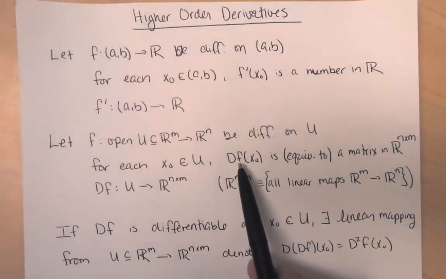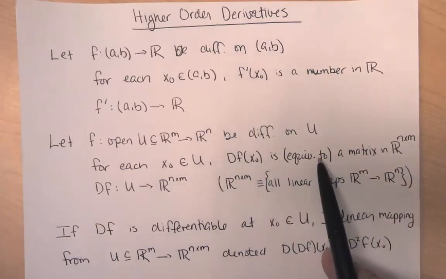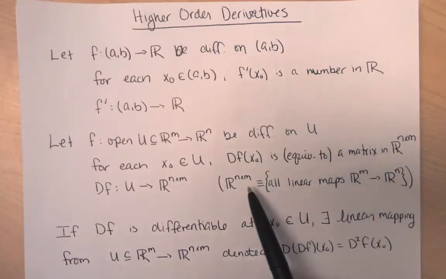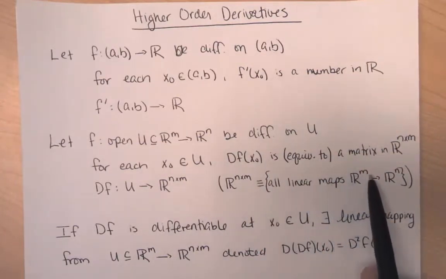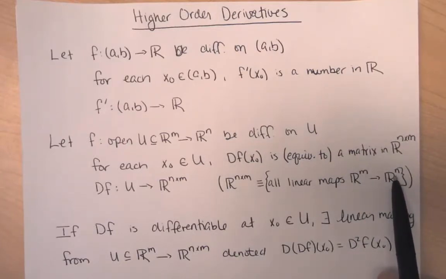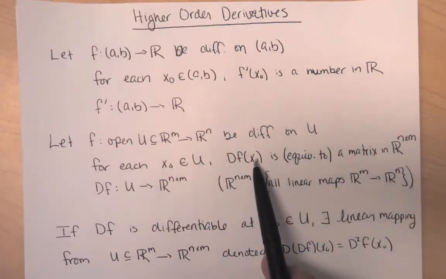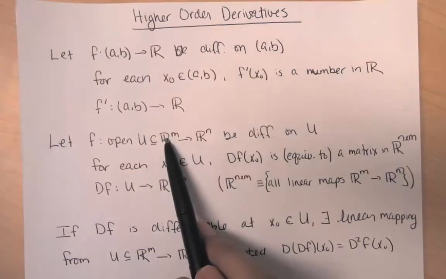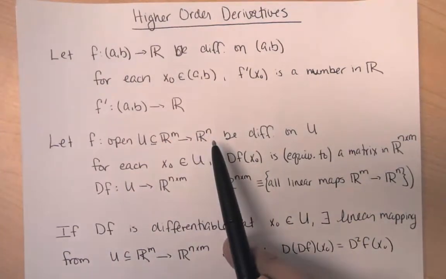Now remember, the first derivative is equivalent to a matrix, and a matrix is a linear map from Rm to Rn. In other words, the derivative at a point is a linear mapping from the domain to the codomain.